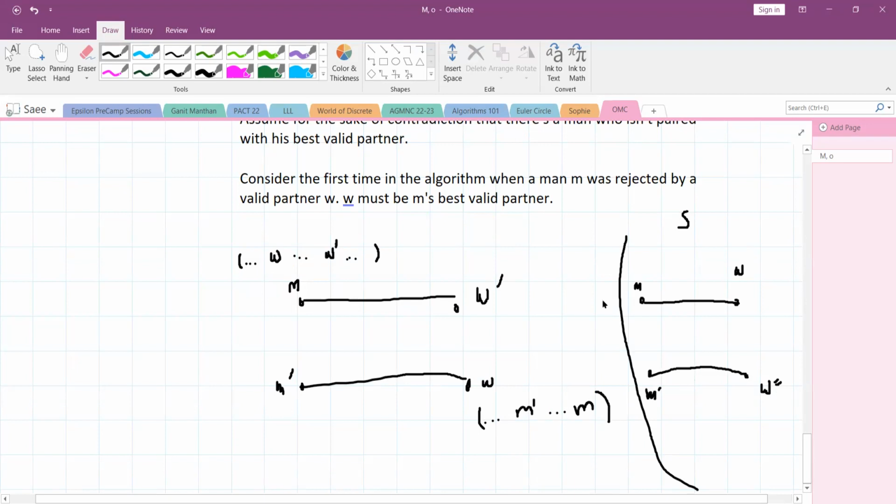Now, what do we know? We know W likes M prime more than M. So in this stable matching S, can M prime like W more than W double prime? What happens if M prime likes W more than W double prime?